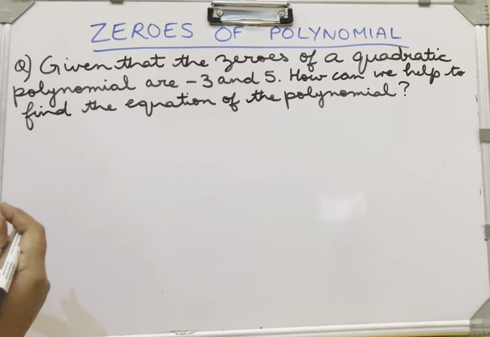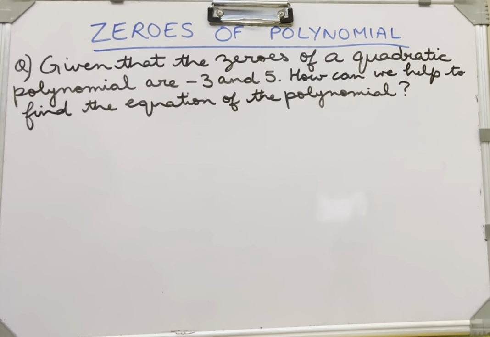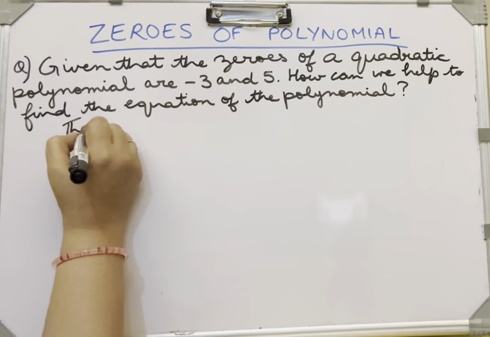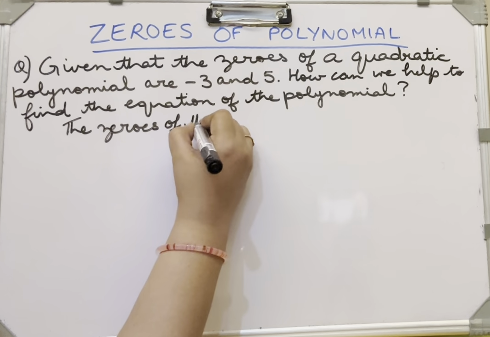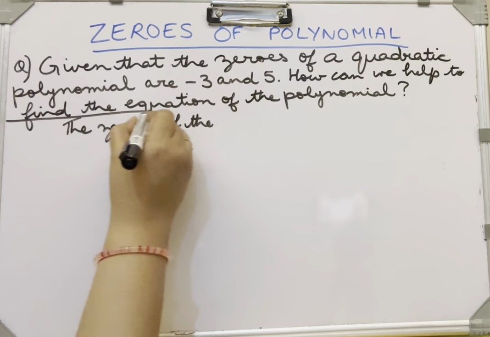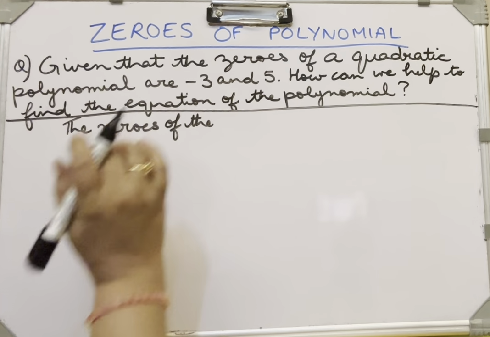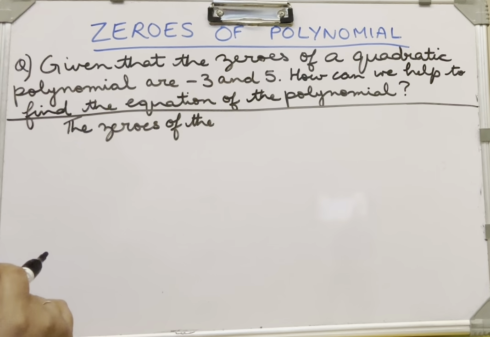Now here the zeros of the quadratic polynomial are -3 and 5. This is the question and the solution is below.